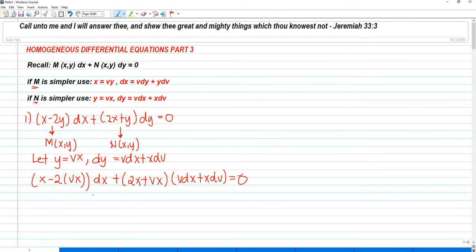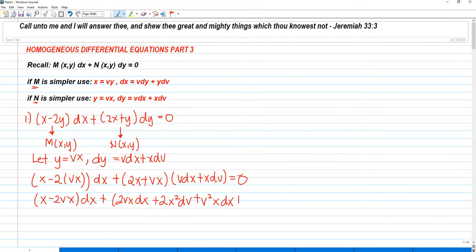So we will do some algebra here. We have x minus 2vx dx, and here we are going to perform FOIL, this multiplied by this. So we have first, 2x times v dx, that must be 2vx dx, plus the outer, 2x times x dv, that's plus 2x squared dv, plus the inner, vx times v dx, that's v squared x dx.